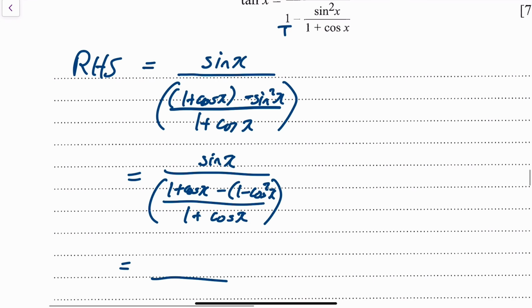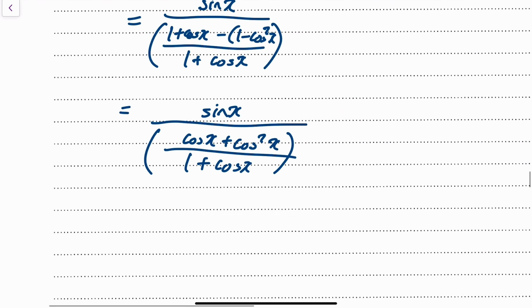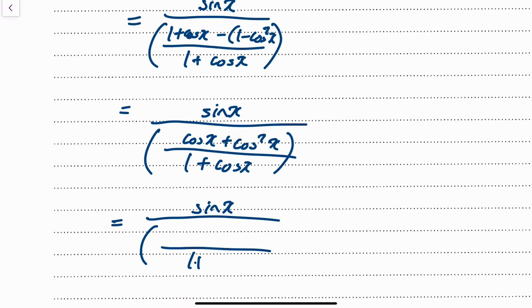Okay, and then that is sine x, and the bottom line would be still 1 plus cos x. Tidy up the top line, 1 minus 1 is 0, and then you're just going to have cos x plus cos squared x, and then we can factorize that bottom line. So you've still got the 1 plus cos x here, but on the top line you can pull a cos outside a bracket, leaving you 1 plus cos x.